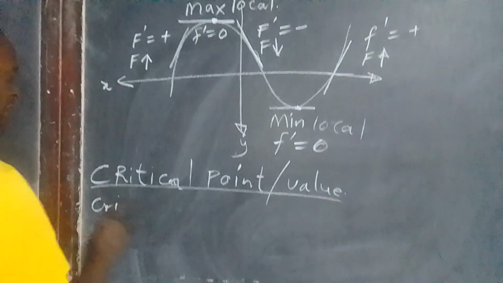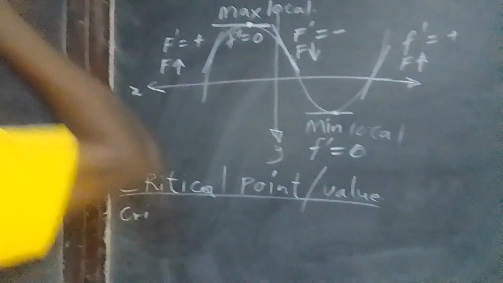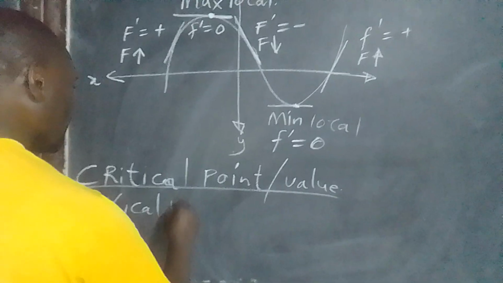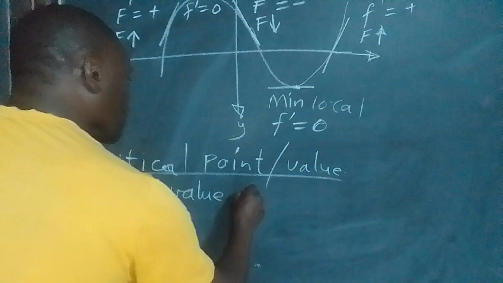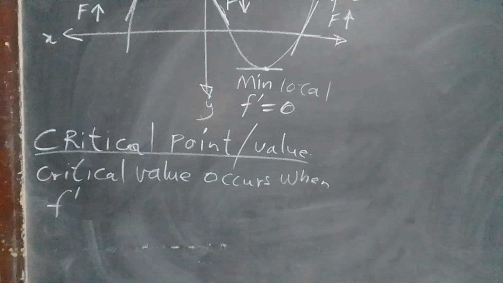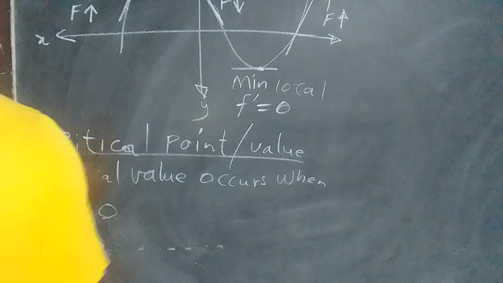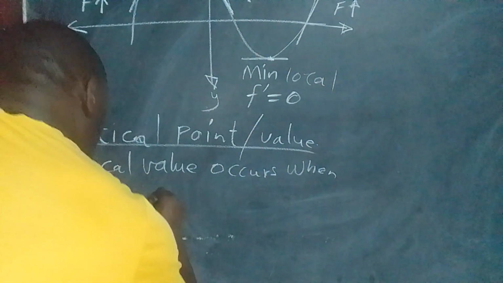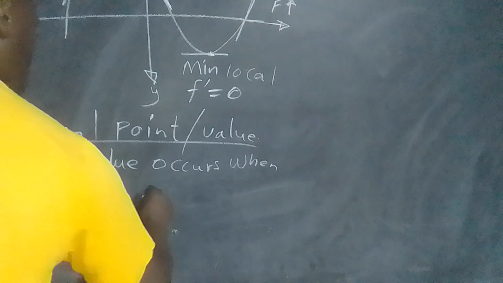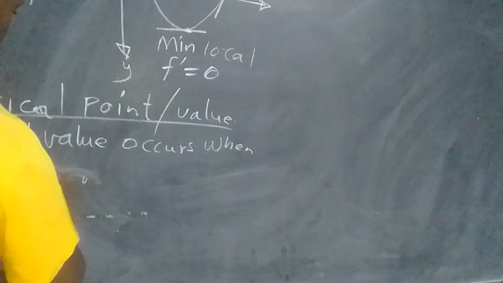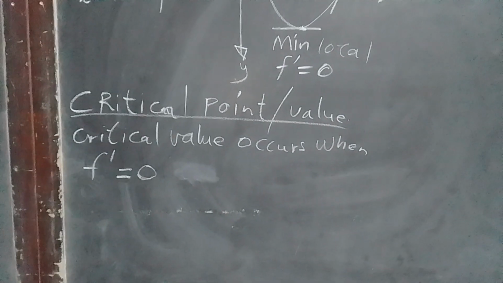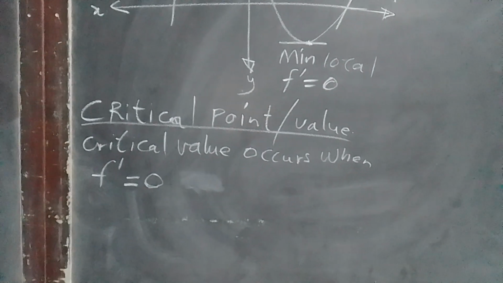A critical value occurs when our f dash is 0, when the first derivative is equal to 0. That's where we find our critical value.